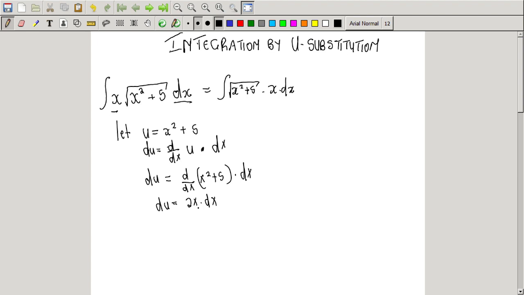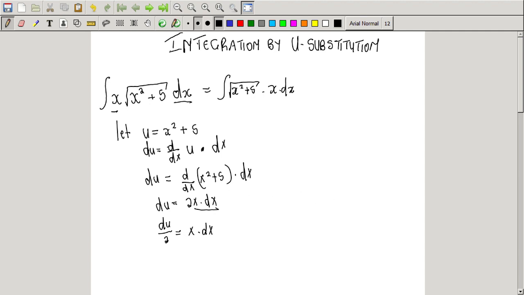So I have x multiplied by dx. So for me to get it alone, I divide both sides by 2. So du divided by 2 is going to be equal to x multiplied by dx. So in the place of x multiplied by dx, I write du divided by 2. I hope that makes sense.